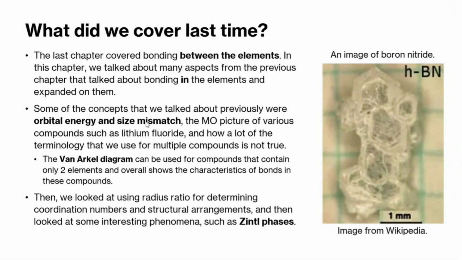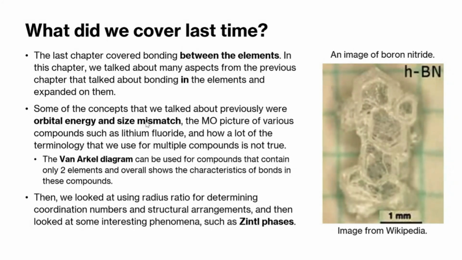We only use that term ionic for oversimplification. Now, a convenient way to classify the bond characteristics of a compound is known as the Van Arkel diagram, which utilizes averages and differences in orbital energies in order to characterize a bond.